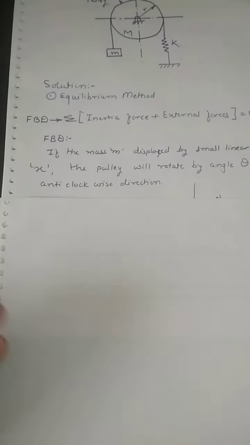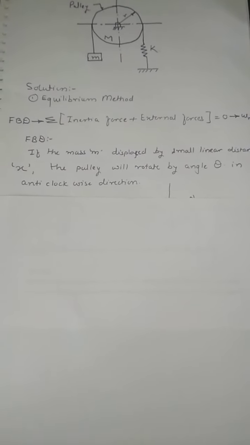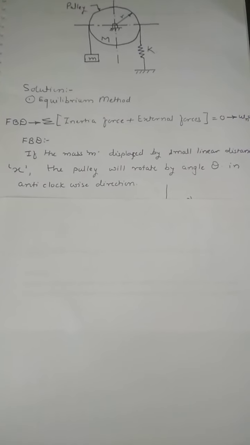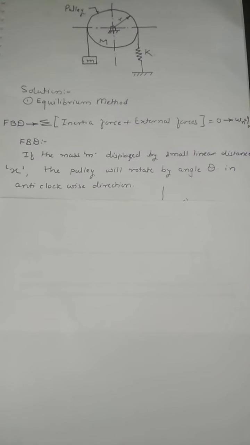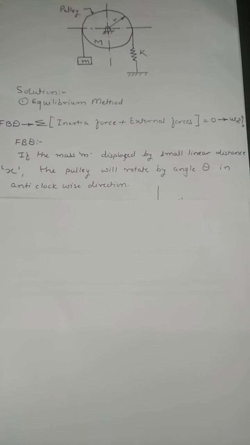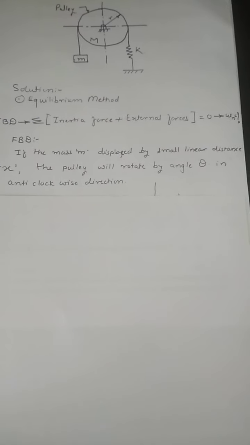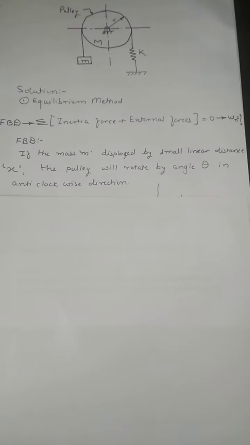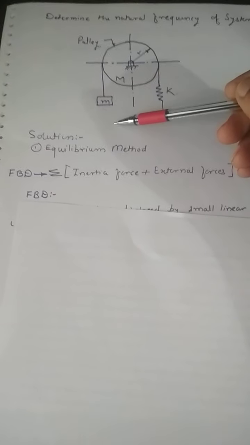So the first step is to determine the FBD. For the FBD, if the mass small m is displaced by linear distance x downward, the pulley will rotate by an angle theta in the anti-clockwise direction. We have to displace this mass m downward.